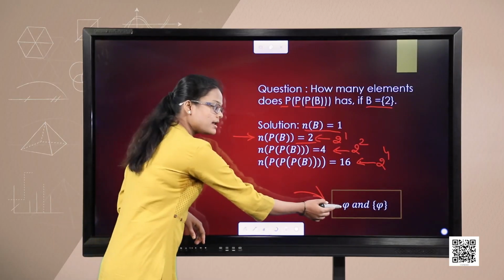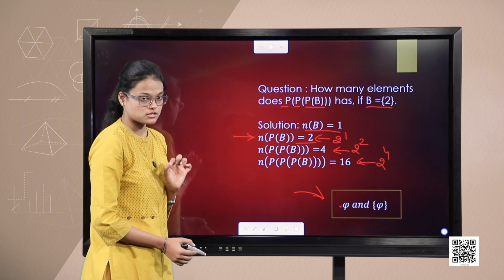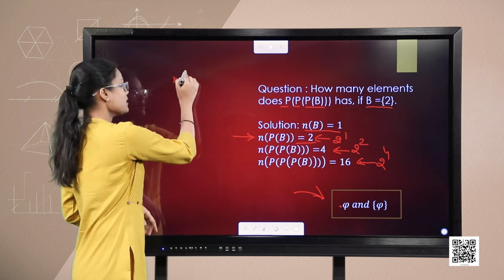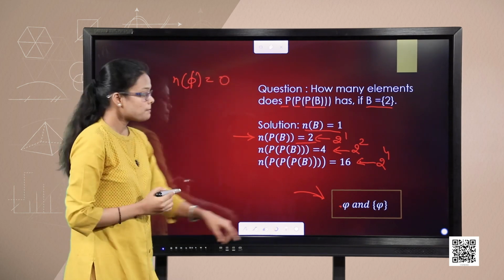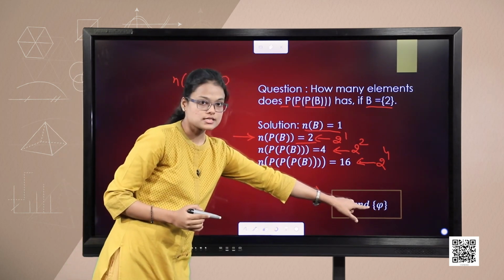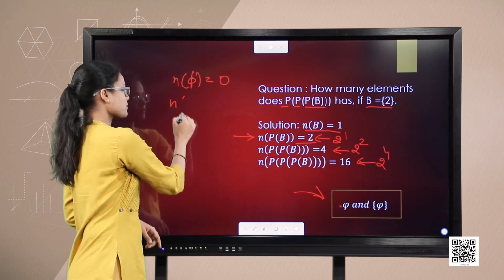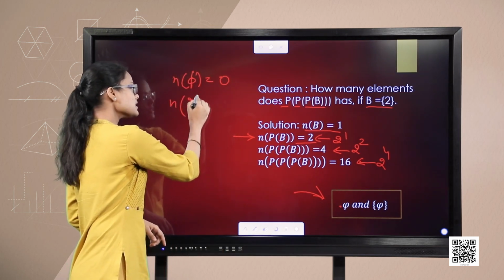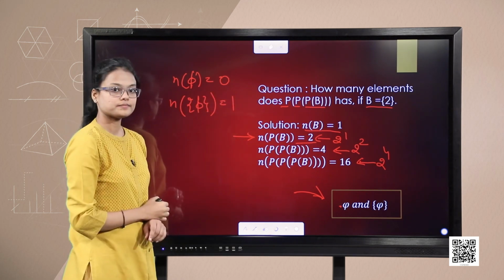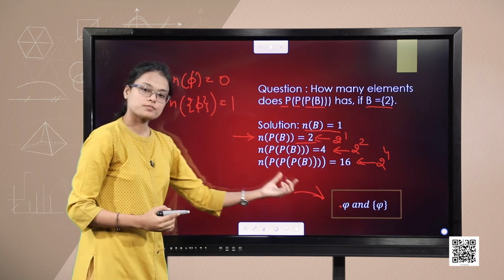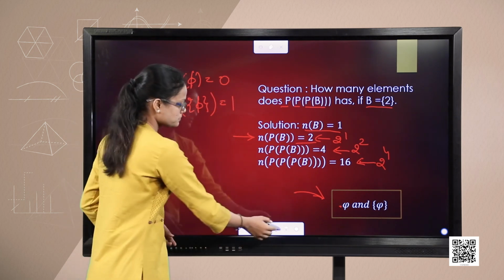So, the number of elements in an empty set is 0, but the number of elements in this set, which is consisting of an empty set, is 1. Hope you have observed.